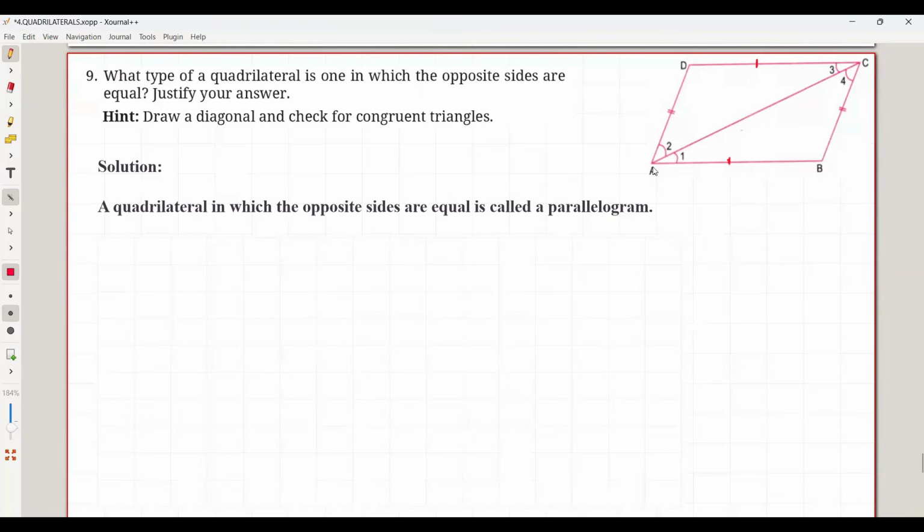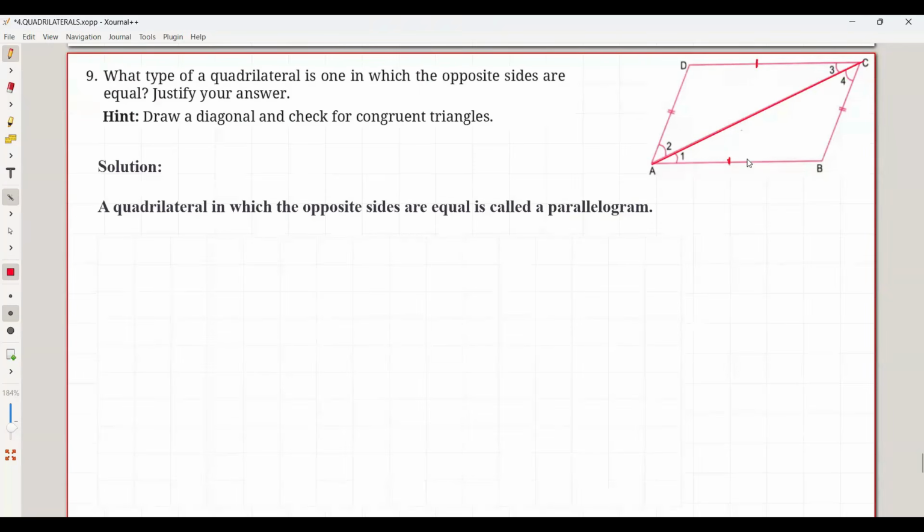If I choose triangle ACD and triangle ACB, two sides are equal and this is the common side. So based on the SSS side rule, I can say these two triangles are congruent.